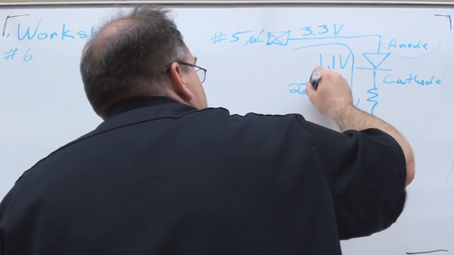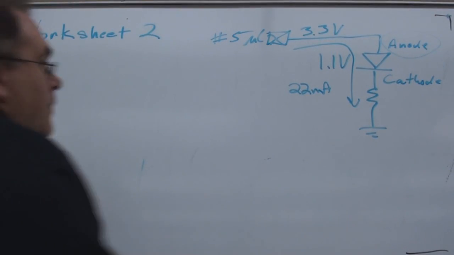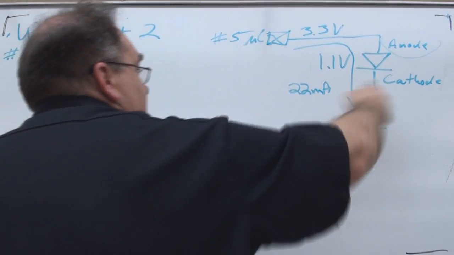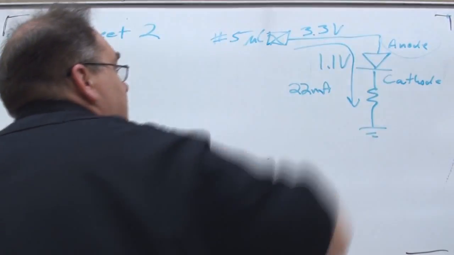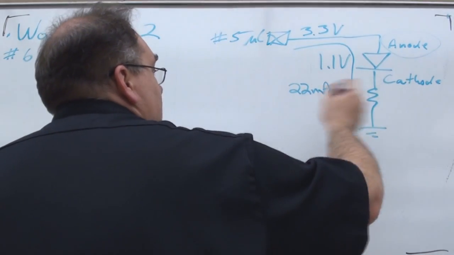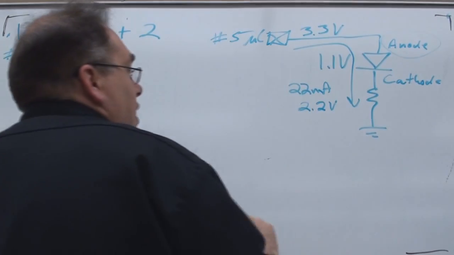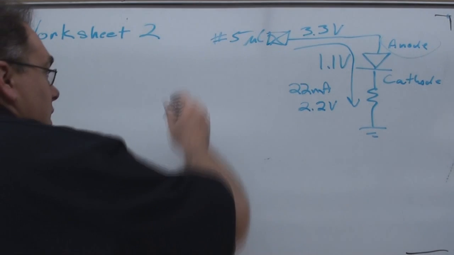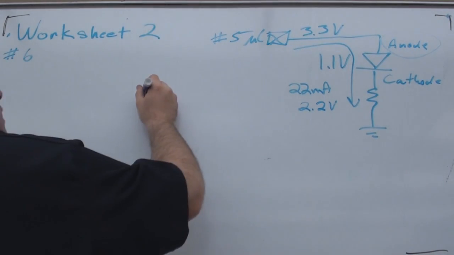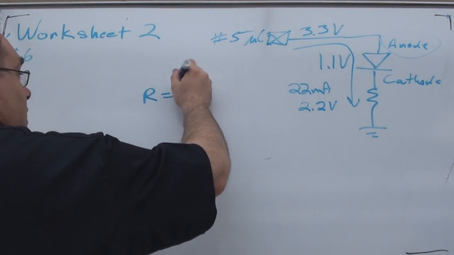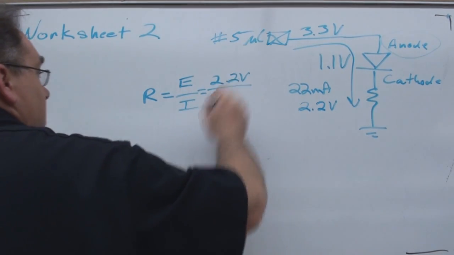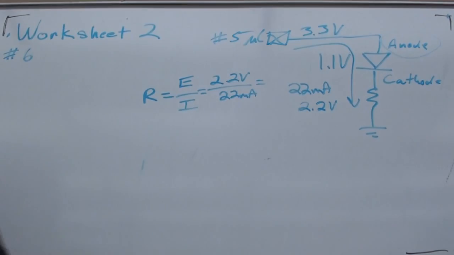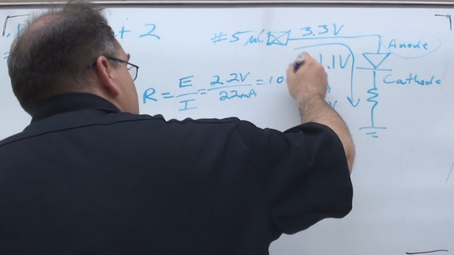This is a series circuit, so we're going to have 22 milliamps of current flow. The total voltage is 3.3, so the voltage drop across the resistor has to be whatever's left because of Kirchhoff's voltage law: all the voltages in the series circuit add up. So you get 2.2 volts dropping across the resistor. You know the voltage and the current. Resistance is equal to E divided by I. It's 2.2 volts divided by 22 milliamps, about 100 ohms.